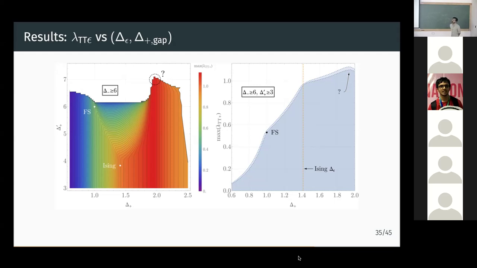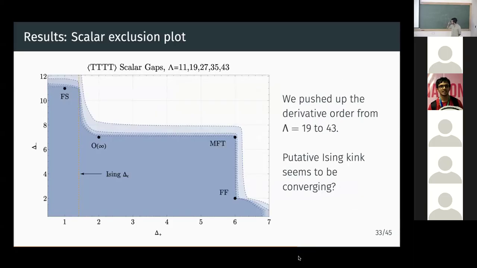Maybe the thing to say is that if you look at this plot here again, I have not shown you this data, but if you impose a finite central charge, then this immediately becomes disallowed.